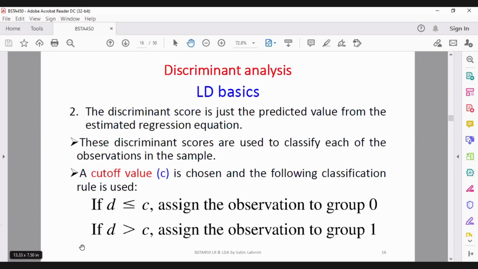If it is larger than the cutoff, you assign the observation to group 1. However, it is not always guaranteed that D will have a value between 0 and 1. It is not guaranteed that you will get D between 0 and 1.